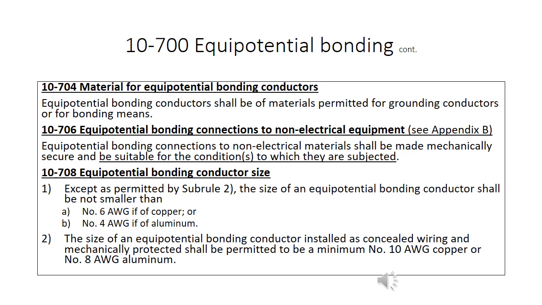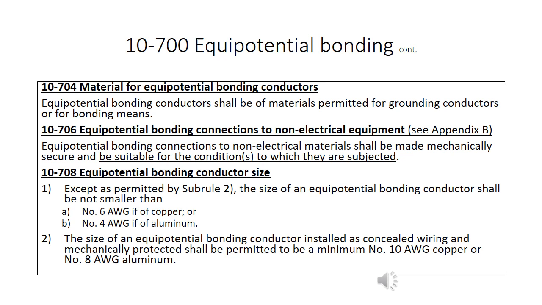10-708, equipotential bonding conductor size. Except as permitted by Subrule 2, the size of an equipotential bonding conductor shall be not smaller than number 6 AWG if of copper, or number 4 AWG if made of aluminum.